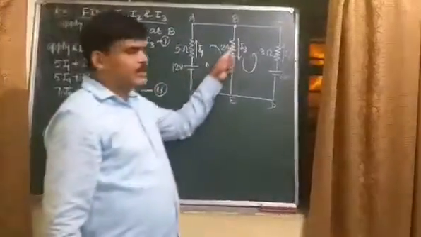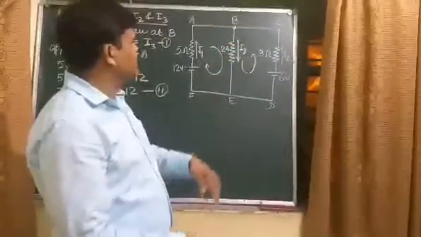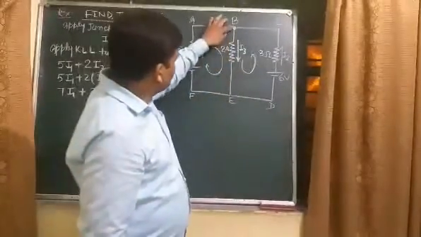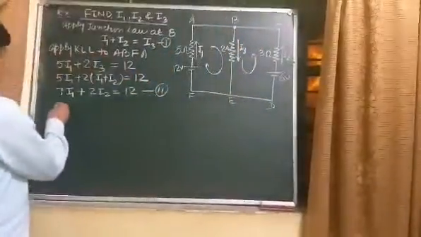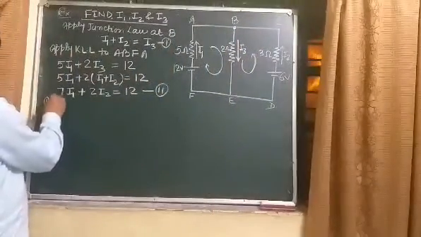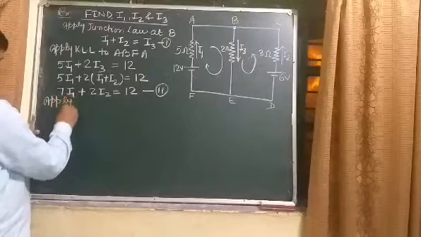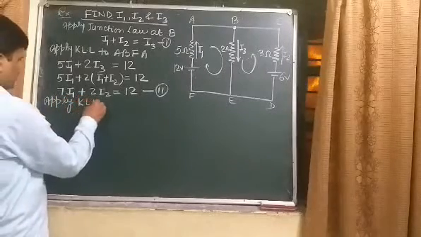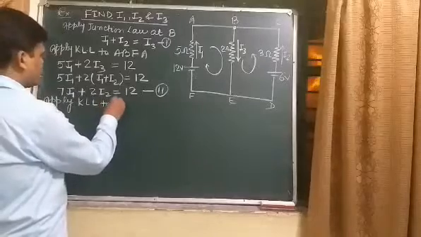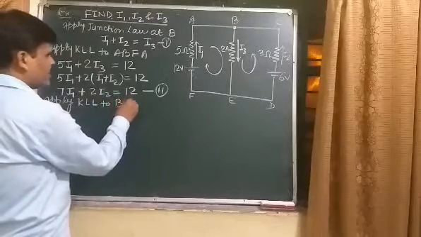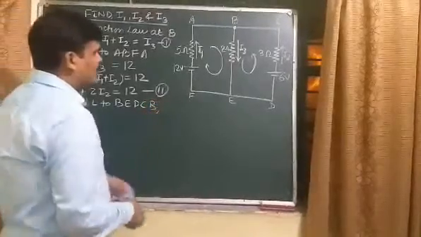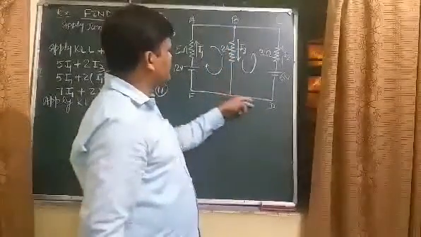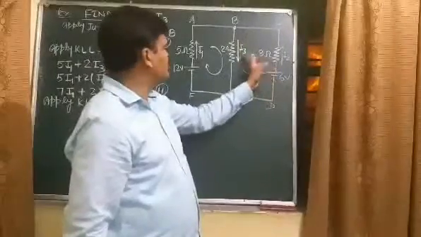Now same process, we apply the Kirchhoff loop law to loop B, E, D, C, B. Here students see, the direction of the traversal is the direction of the current flowing through the resistance.